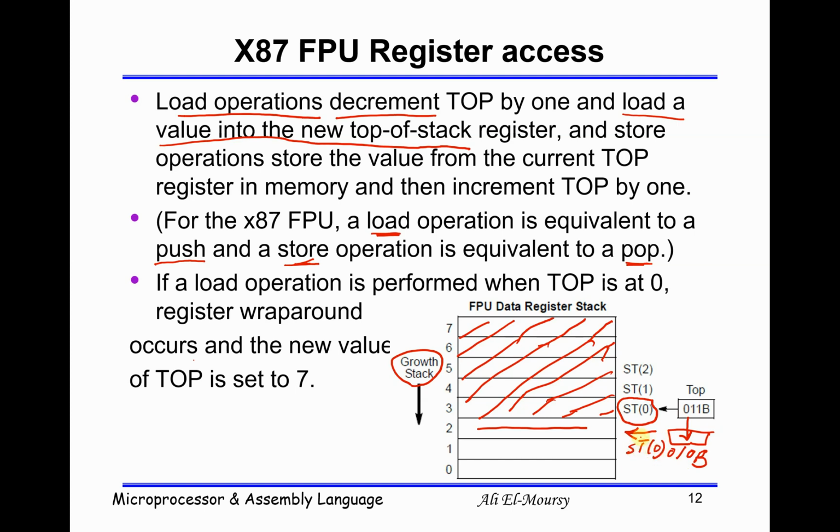So ST0 after loading will not be at register 3 with value 110. It will be at register 2 at 010. This is if I use the load instruction. The store instruction does the opposite. It's actually popping. So pushing and popping.